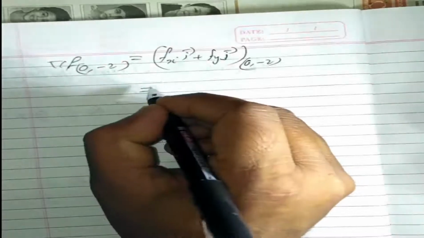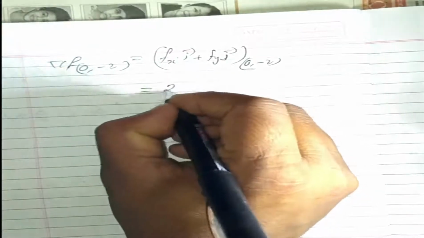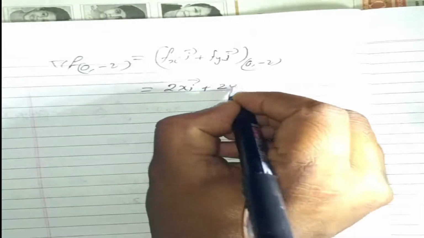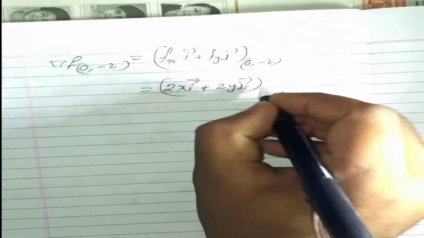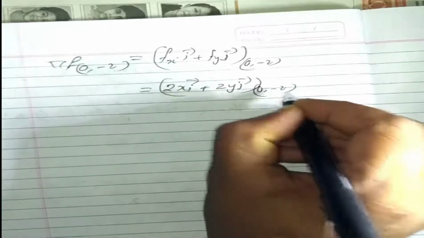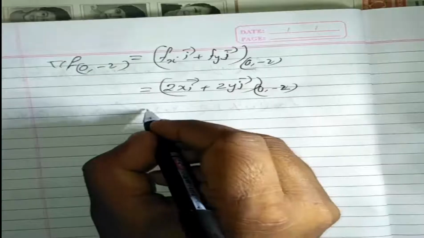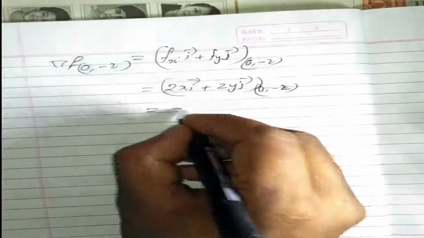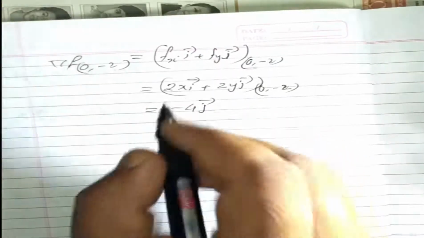Substituting the values, fx is 2x i vector plus 2y j vector, at the point 0 comma minus 2. So the x value is 0, and we get minus 4j.